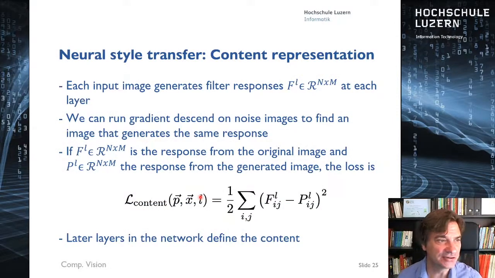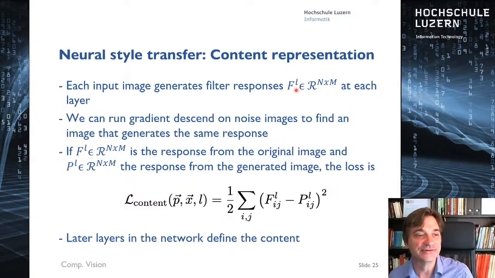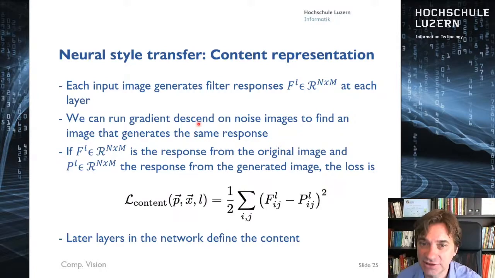So for the content representation, we also have, as before, the filter responses at each layer, and now we can also run gradient descent on the noise image to generate an image that has the same response.